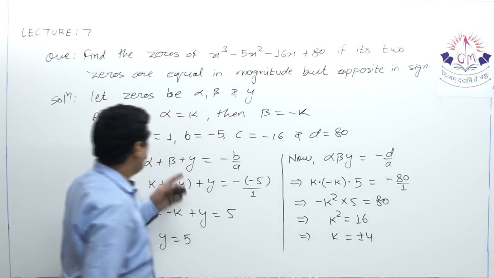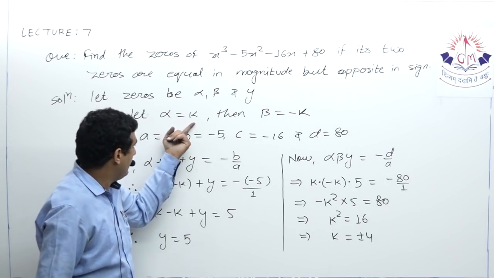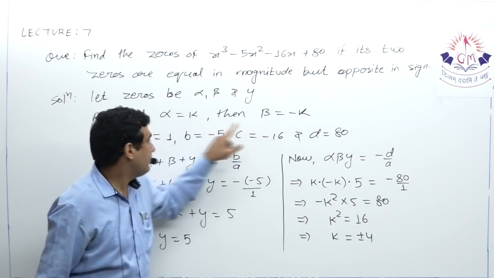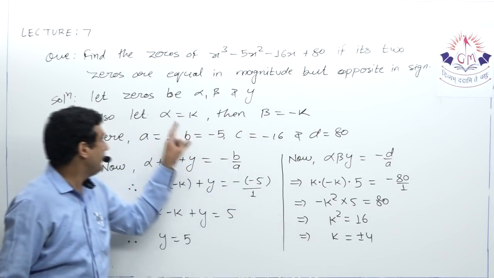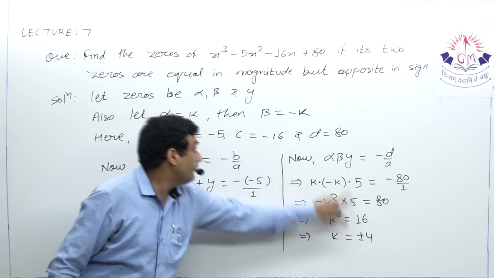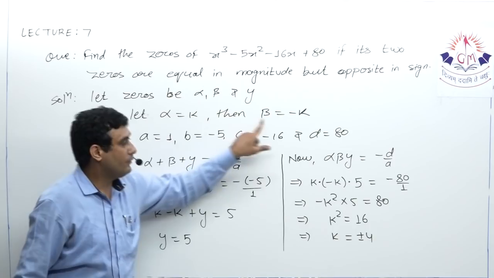Now if I take k equal to 4, then alpha is 4, beta is minus 4, and if I take k is minus 4, then alpha is minus 4, beta is 4.